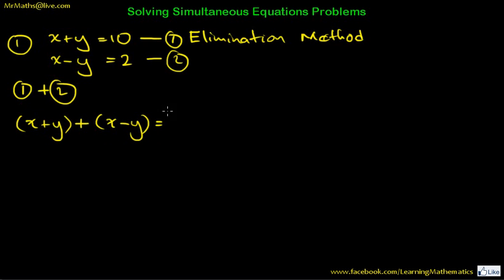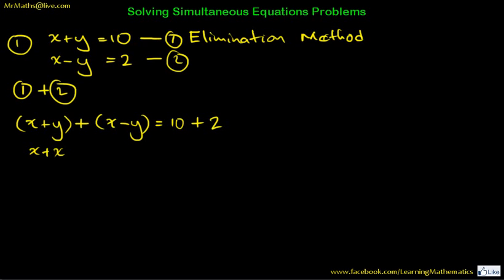The right hand side of the equation, which is 10, you add 2, which is the right hand side of equation 2. Okay, now let's go and solve both the left hand side and the right hand side of the equation. First, the left hand side, x plus y plus x minus y. This is equal to x plus x.